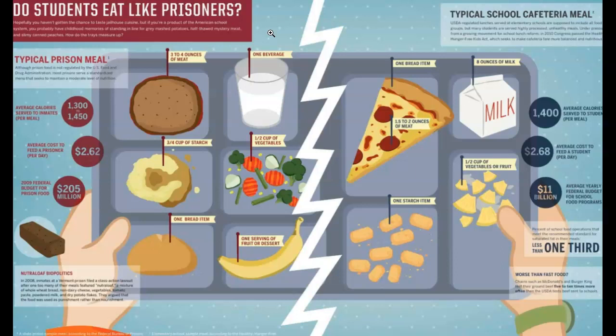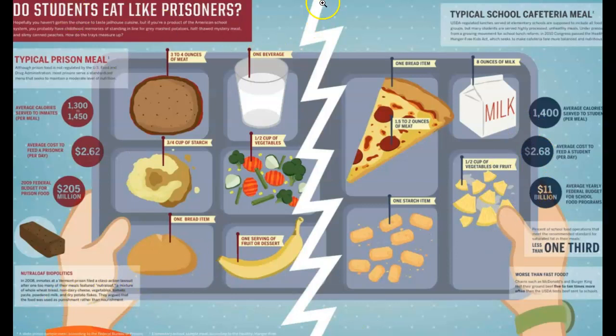You're going to back it up with details from this. Now, you don't have to make a personal choice in this one, because it's just facts about what prisoners eat and what kids eat in typical school cafeterias.